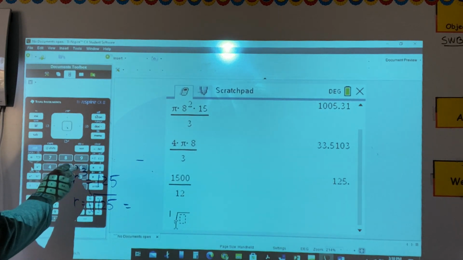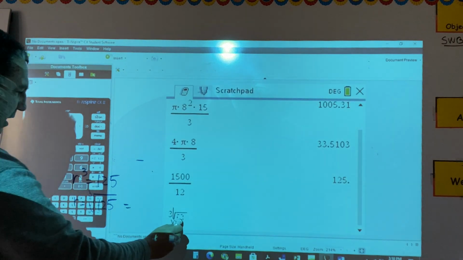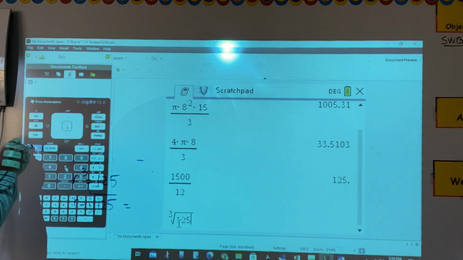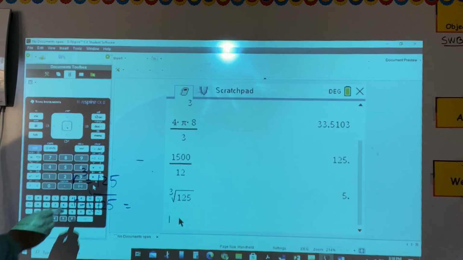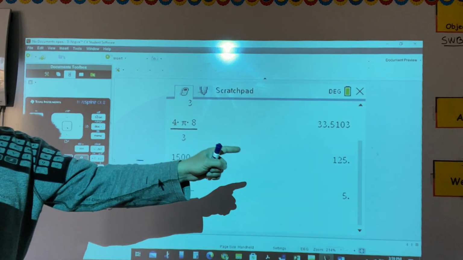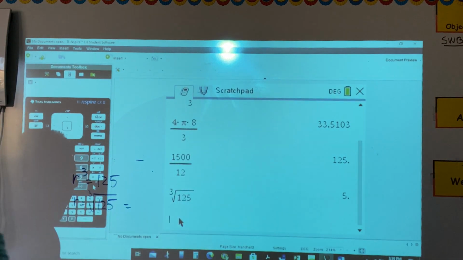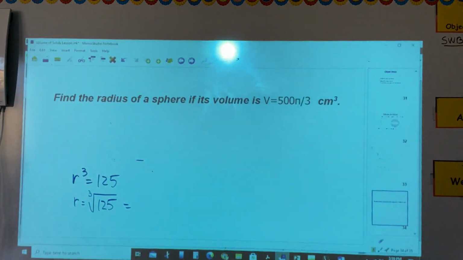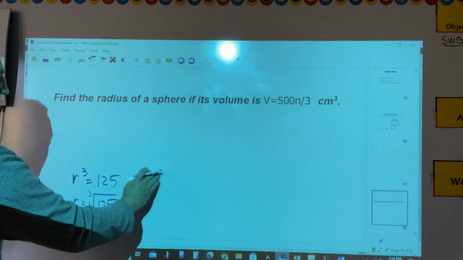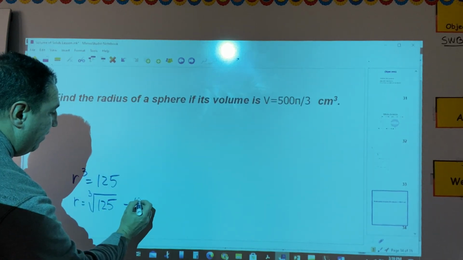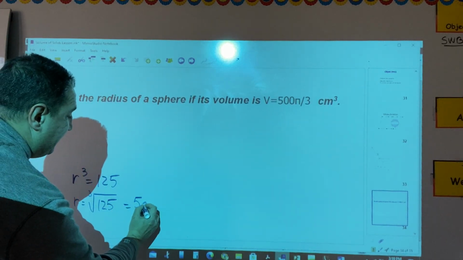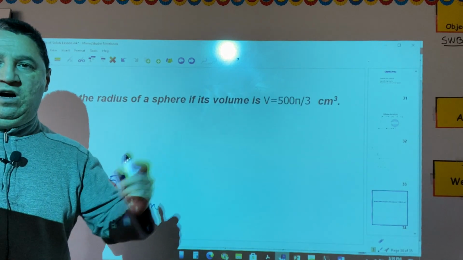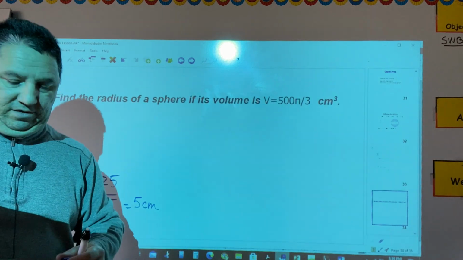Here we put 3, and under the radical 125. And we press control and enter. So the cubic root of 125 would be 5. So the radius of the sphere would be 5 centimeters only, because r has one dimension, it is just a length.